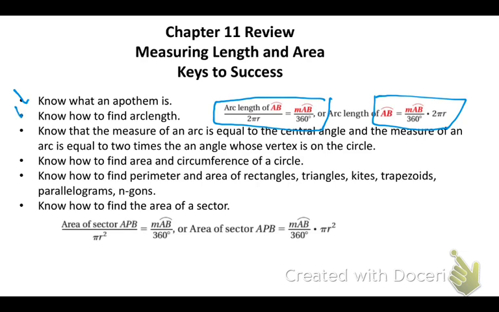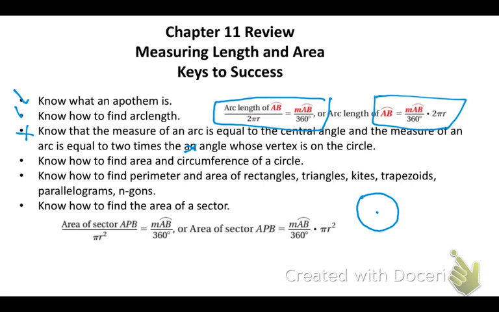Okay, this is super important. Know that the measure of an arc is equal to the central angle, and the measure of an arc is equal to 2 times the angle whose vertex is on the circle. So this is what you need to remember.